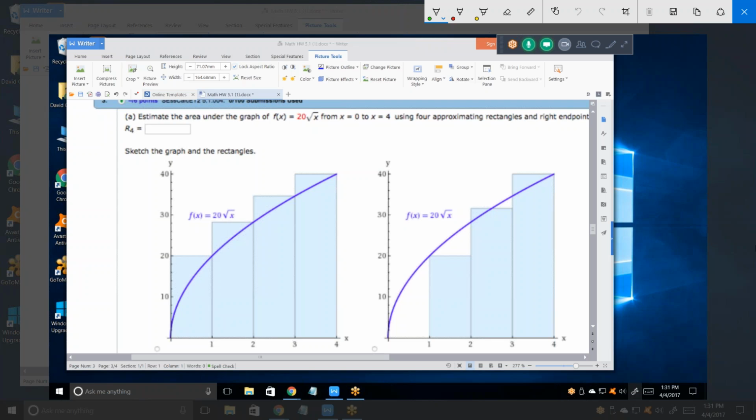Can you see why this picture here is right-hand endpoints? Yes. First rectangle started there. On the other picture, they're using left-hand endpoints.